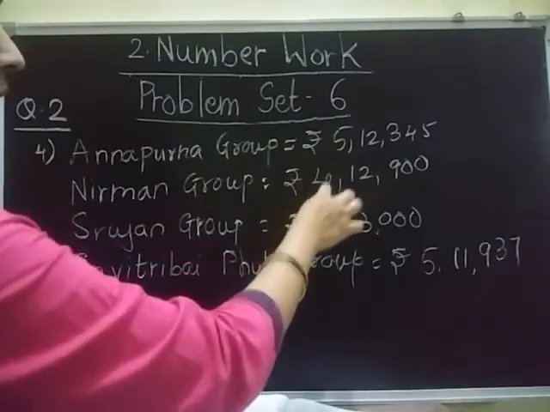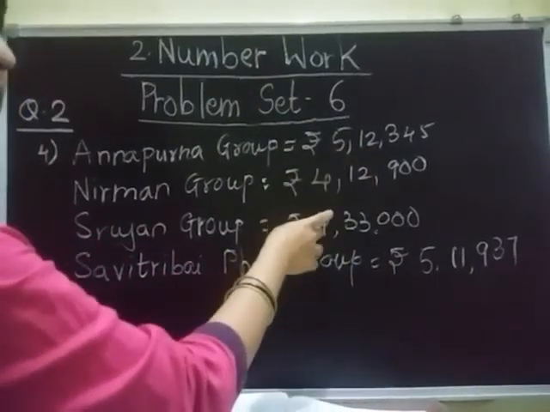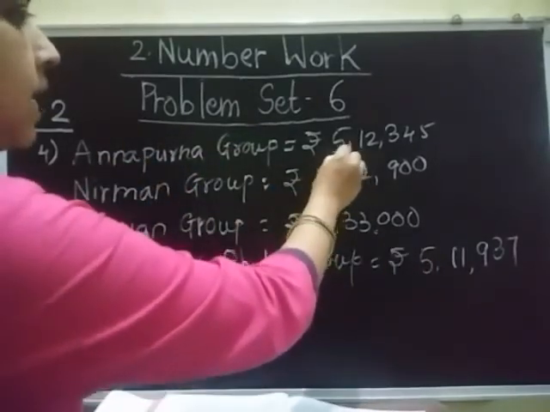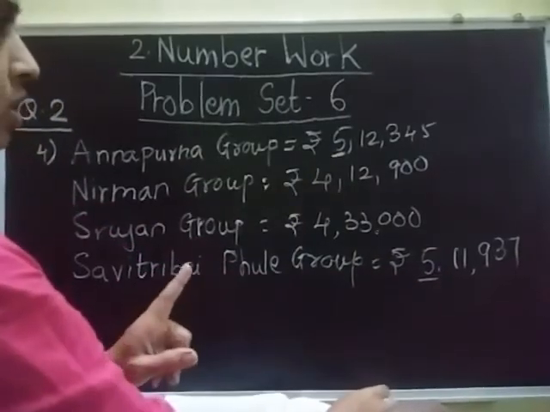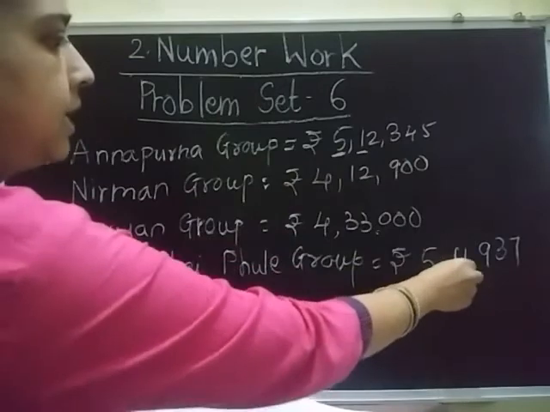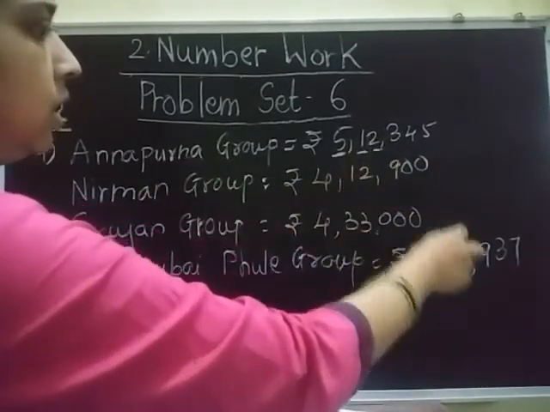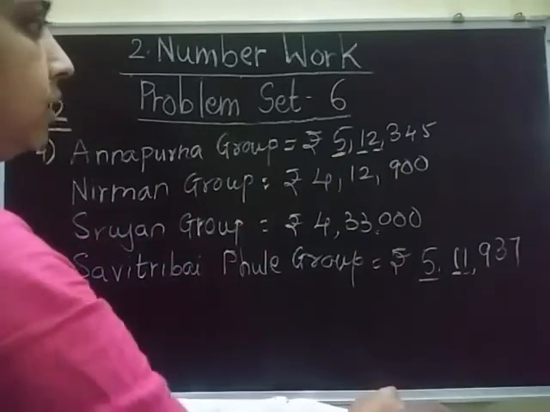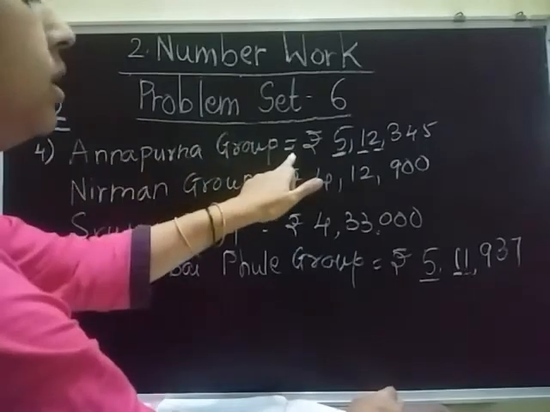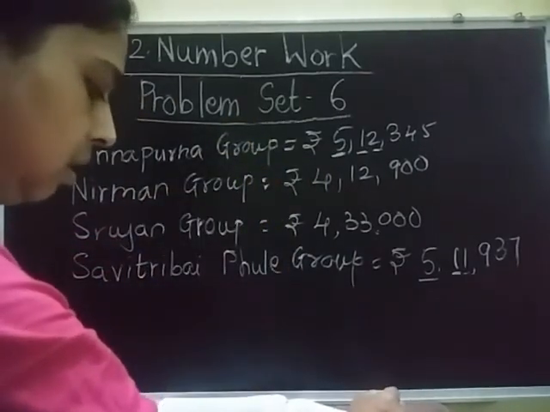So here 5, 4, 4 and 5. It means these two will get cancelled because both the numbers are less. Okay. So here these two numbers have the same first digit. Now we'll move to the second. Second, here is 1 and here also 1. Again we will move to the third. So here 2 and here it is 1. So which is greater? 2 is greater. It means Annapurna group has done the greatest sales.